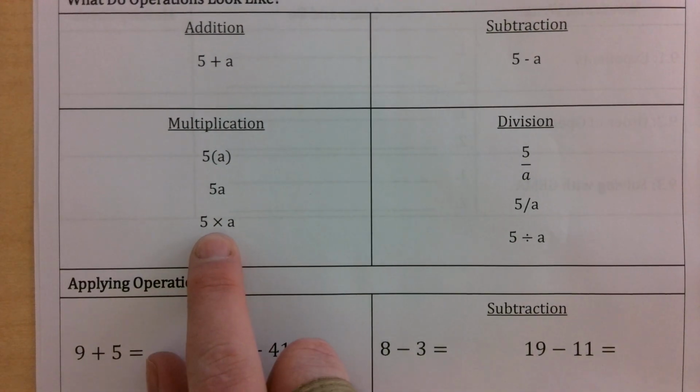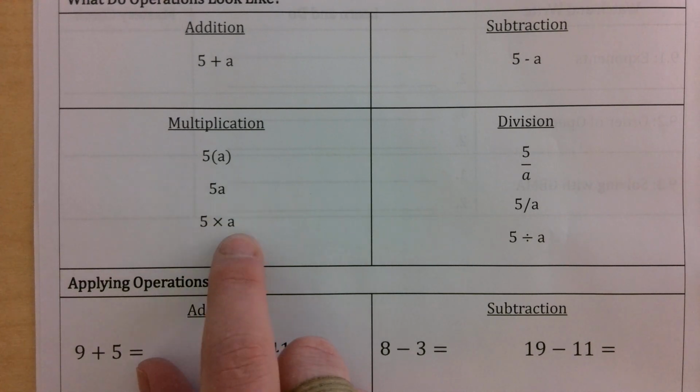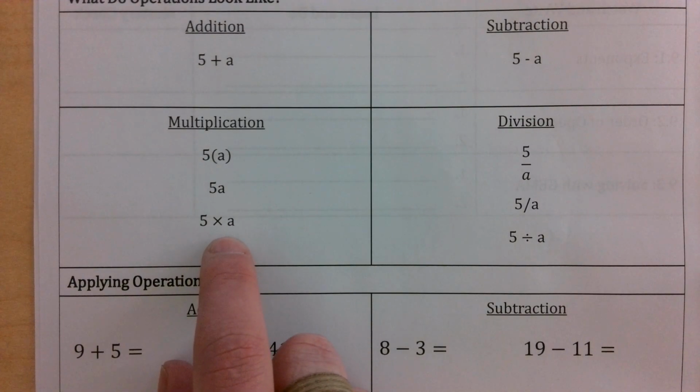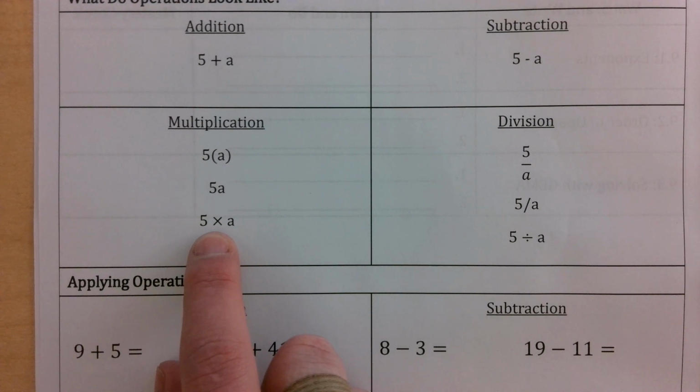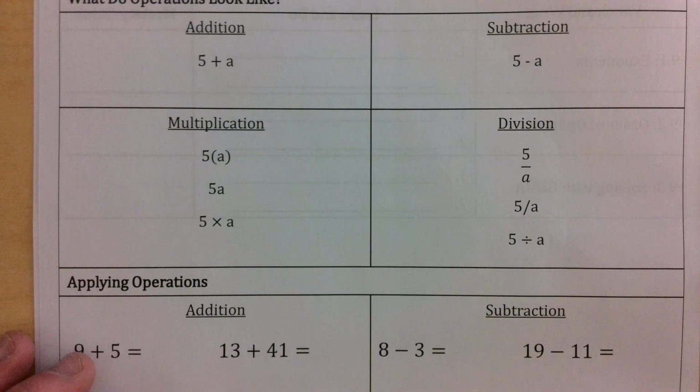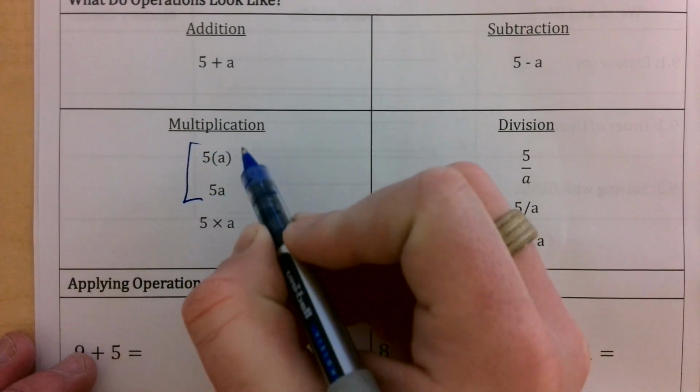Multiplication, you're used to seeing the x as a times symbol. However, now because we're using letters in math, you're going to start seeing variables is what they're called. We can no longer use this. You still might see this sometimes, but it's very unlikely. You are more often going to see these two.